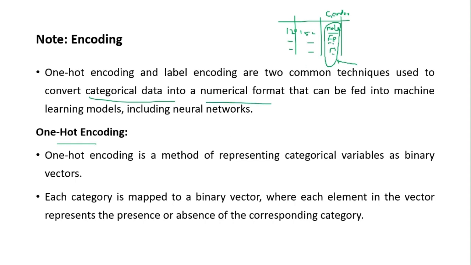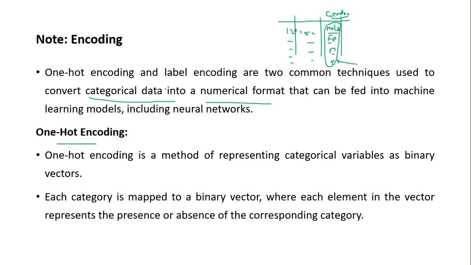Categorical data means female, male, etc. Gender contains only three categories: female, male, and sometimes transgender also comes into the picture. For all the records, these three will be repeatedly coming: female, male, transgender. The same will be repeated again and again. Only three categories.